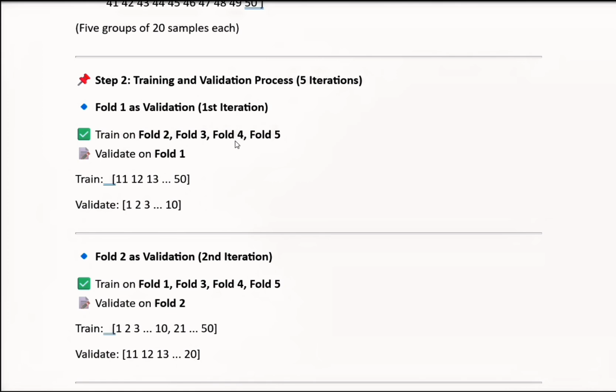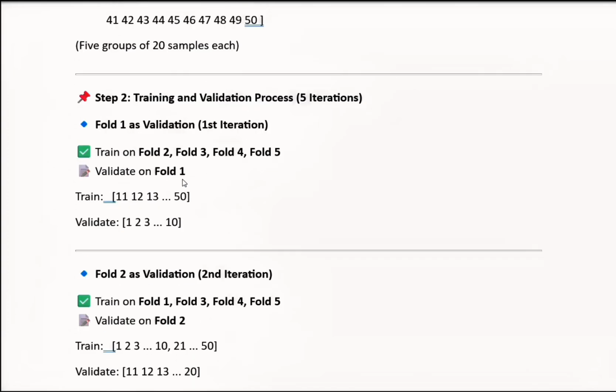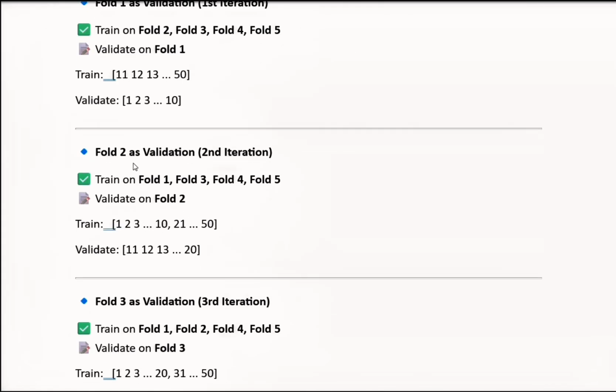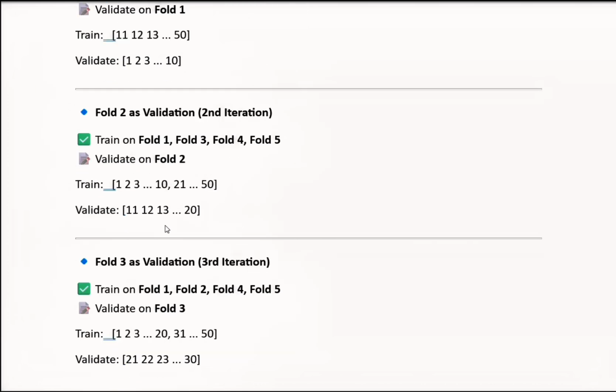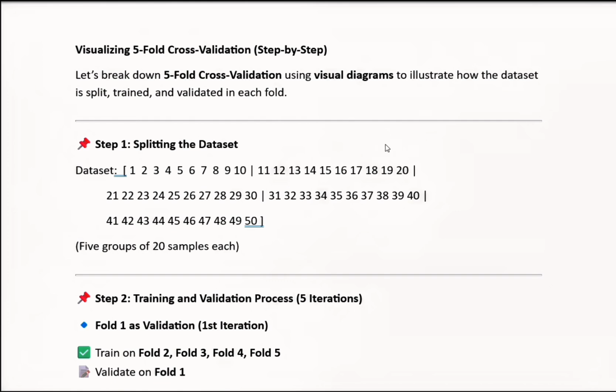Next, fold 2 as validation. Here train on fold 1, fold 3, fold 4, fold 5 and validate on fold 2.